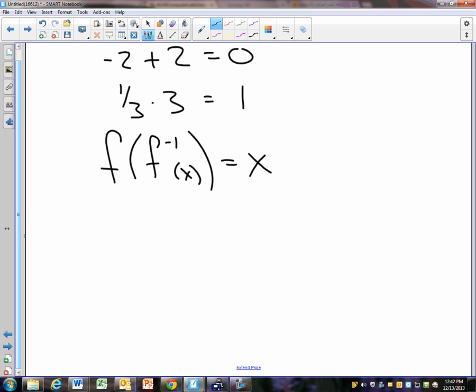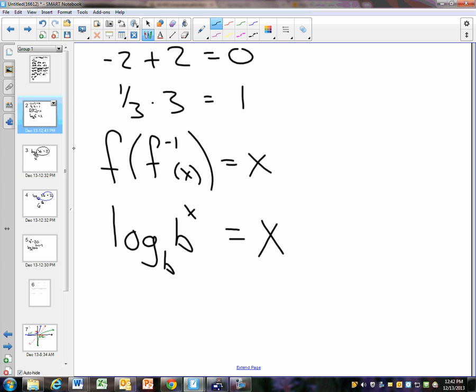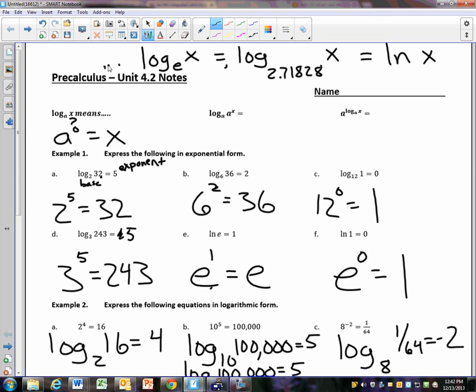If you have a log with a base of a, of a to the x, those cancel and leave you with just the x. Logarithms and exponential functions are inverses of each other. So go to the top of your page, and right up here you see log base a of a to the x.